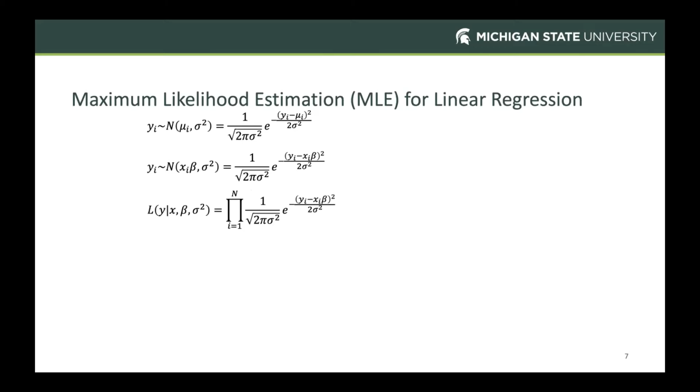Now, under maximum likelihood, we're going to take that probability statement and attempt to solve for values of beta that maximize the likelihood.